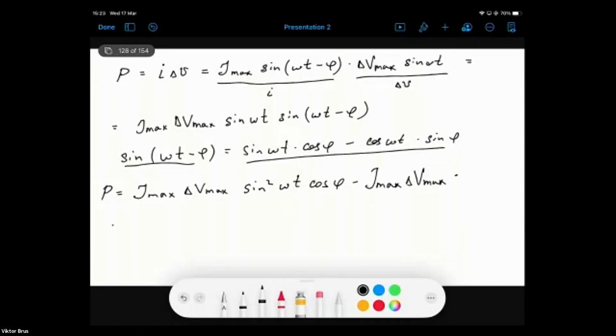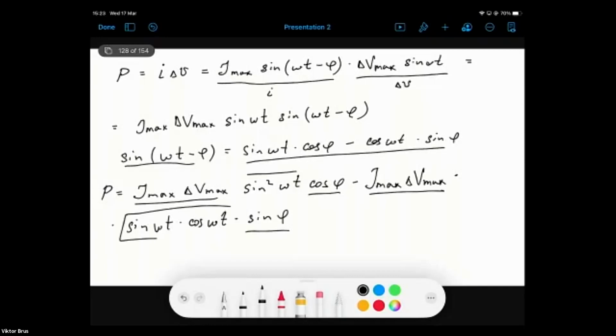So now, in order to get average of this instantaneous power delivered to AC signal, since these are constants, this is constant, this is constant, what we need is to find average of this function and average of this function. Maybe I will show them in brackets.